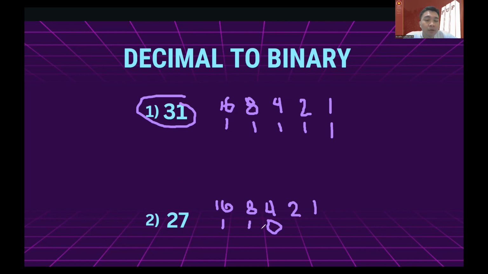So, 24 plus 2 is 26. I will put here 1 since kulang pa. Then, 26 plus 1 is 27. I'll put here 1 again. Yan. So, that's why naging 27. So, 16, 8, 2, and 1 to get the output, which is 27.